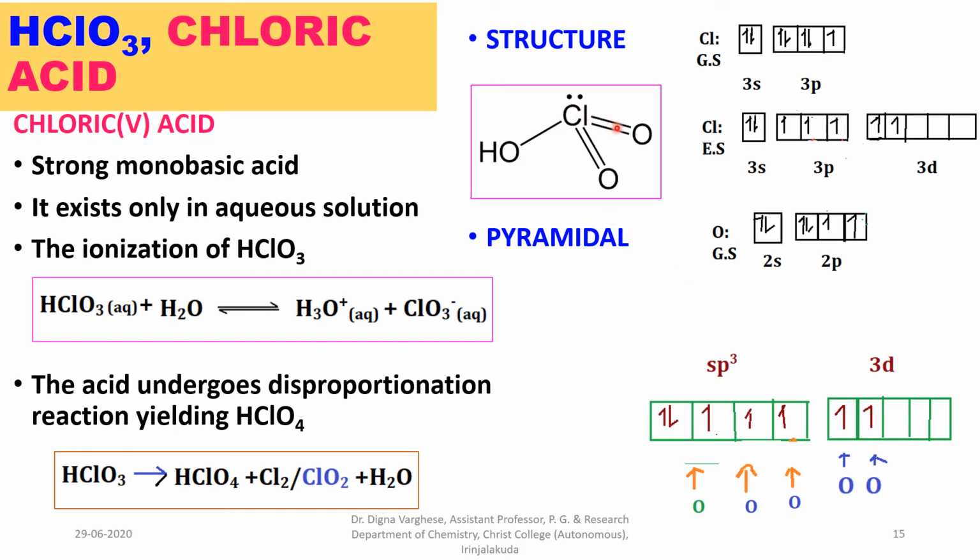Here the chlorine is attached to 2 oxygen atoms forming 2 sigma bonds and 2 pi bonds, and here 1 oxygen atom forming 1 sigma bond, and the molecule contains 1 lone pair on the central atom.